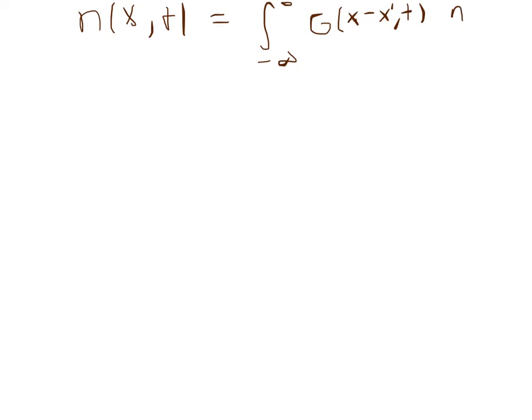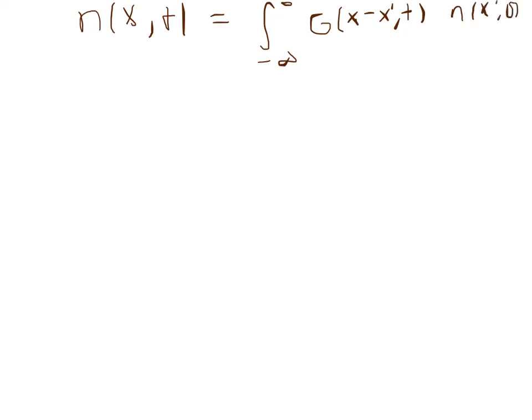So you might ask, how can I see this result directly from the equation? And there's a fairly straightforward way of seeing this. If I were to write down the integral that I had written down before, n of x and t is equal to the integral from minus infinity to infinity of G of x minus x prime and t times n of x prime and 0.